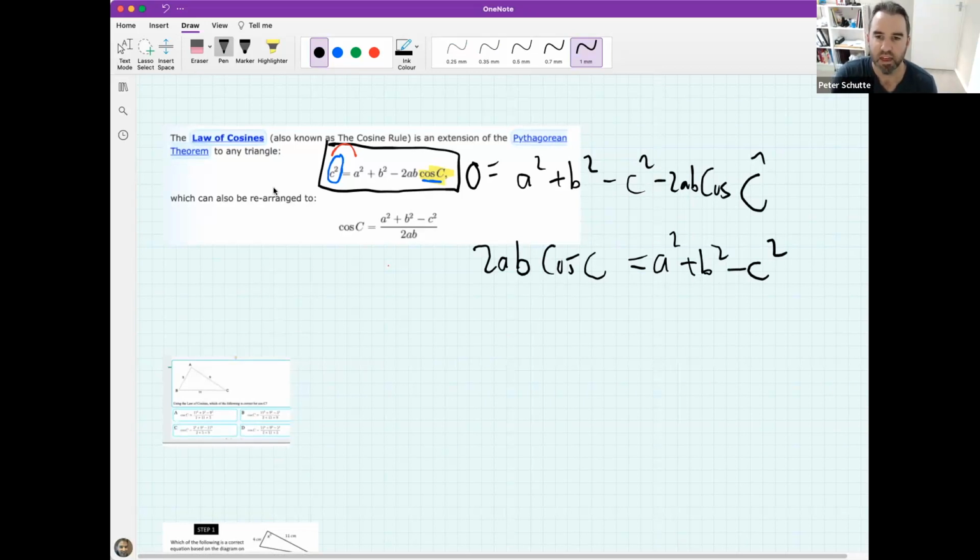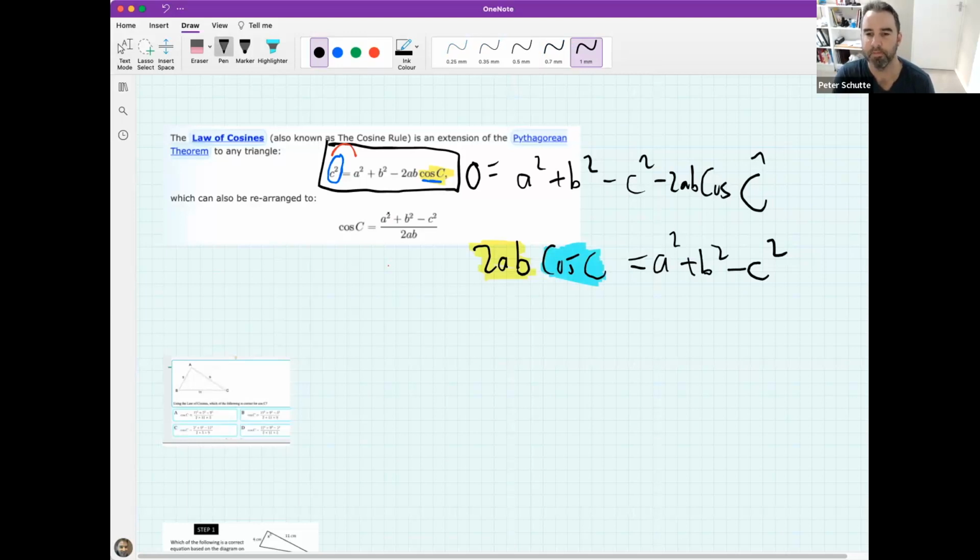Now then, the final step to get cos c by itself, maybe somebody can come online and tell me, what is the final thing I need to do to get the cos c all by itself? Okay.